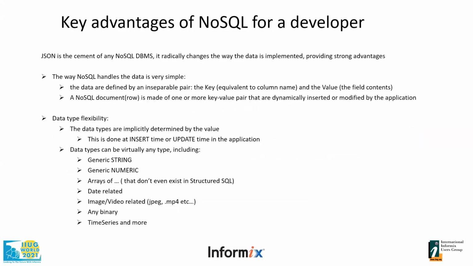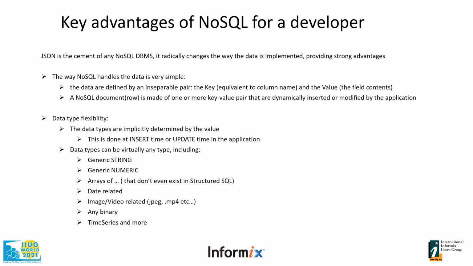So that's not by curiosity that a developer should consider the use of NoSQL. JSON is the really basement of any NoSQL DBMS, and it radically changes the way data is implemented and gives it strong advantages.